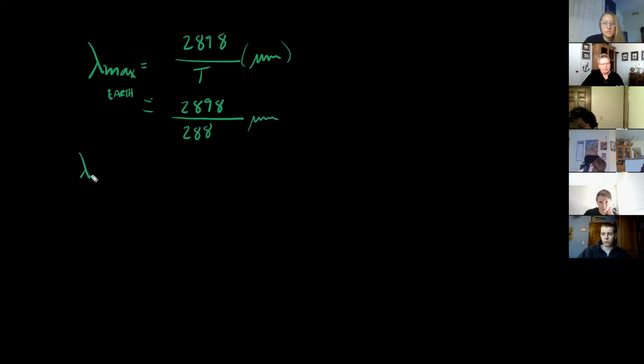So lambda max of the Earth is what? What's 2898 divided by 288? You should be able to recognize that. It's really close to what? It's about 10. 10 micrometers.